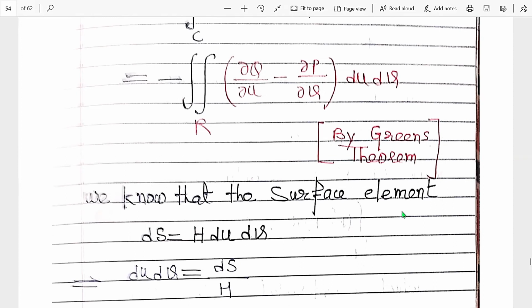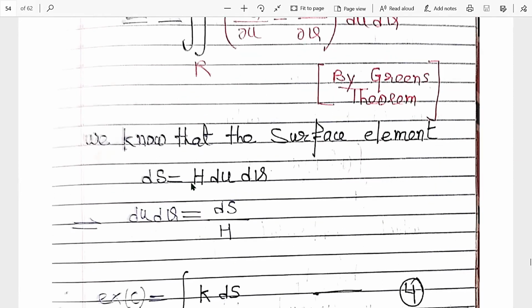Now we know that the surface element ds is equal to capital H du dv.